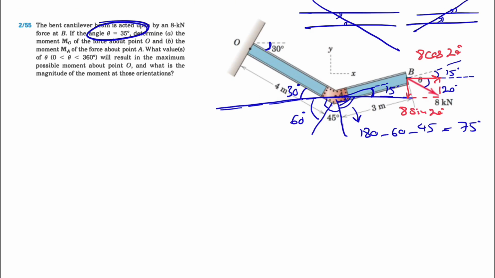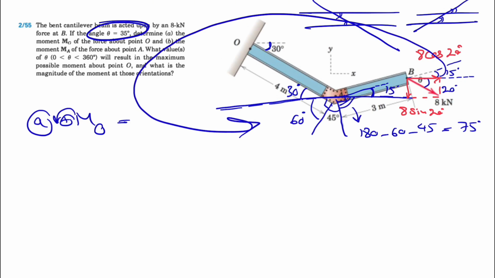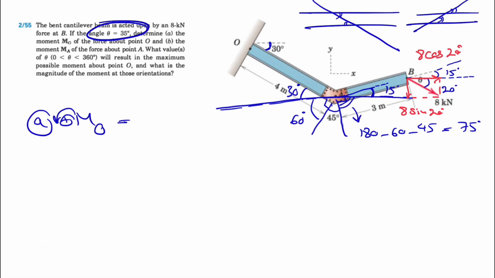So now that we have this, let's go with the A part, finding the moment about point O, and we're going to call counterclockwise positive. So we have the moment of 8 cosine of 20, which will be in this direction. So counterclockwise, we have a positive moment, so 8 cosine of 20 degrees, and we have to figure out the distance.